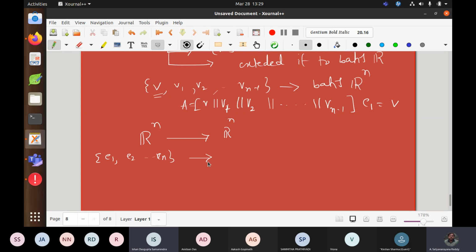So now I will take E1 to V, and the remaining vectors I will take to another basis. So V you can extend to a basis. Actually, that is not required, but you can choose it, and then it becomes an invertible map.